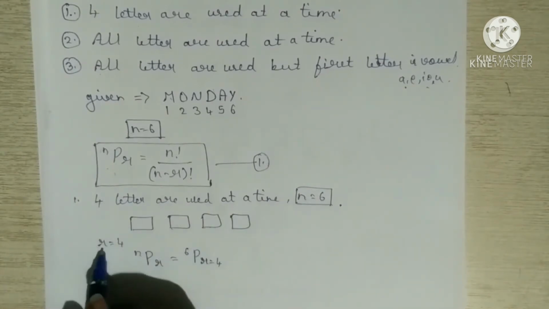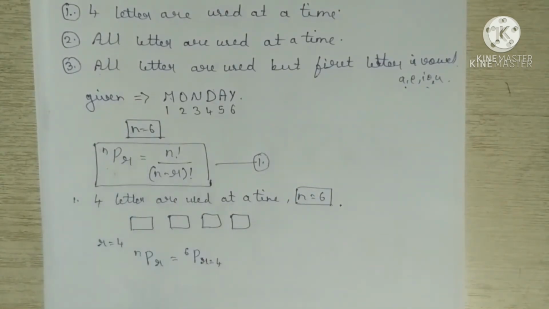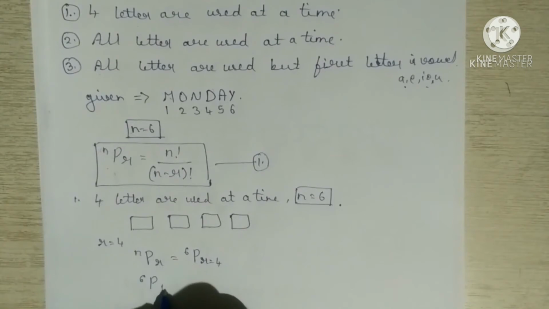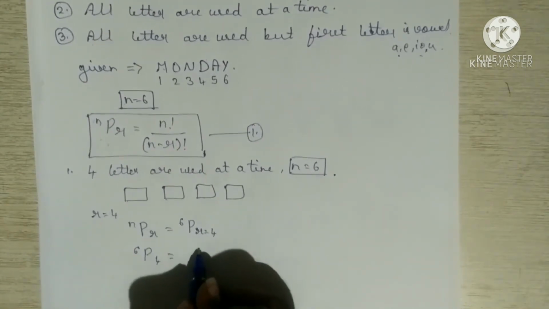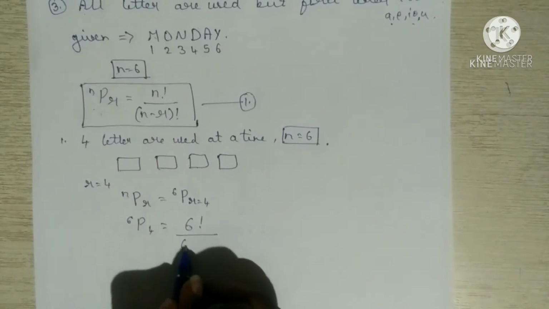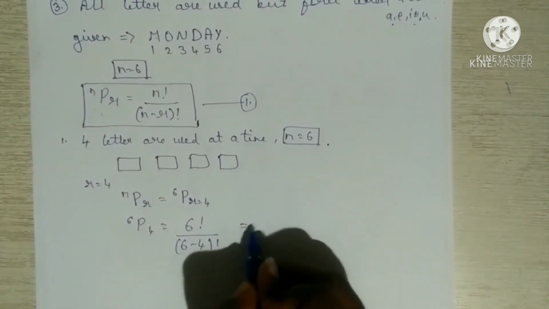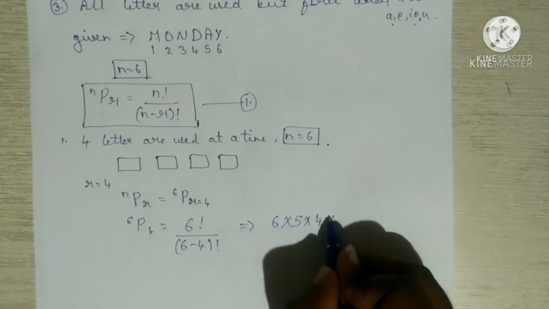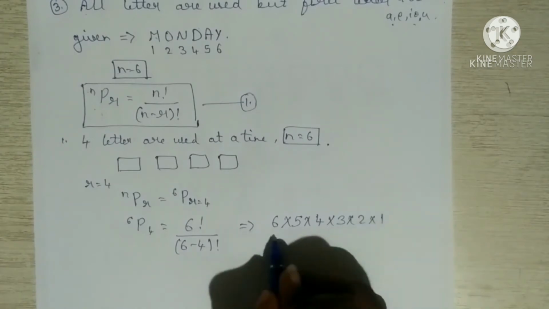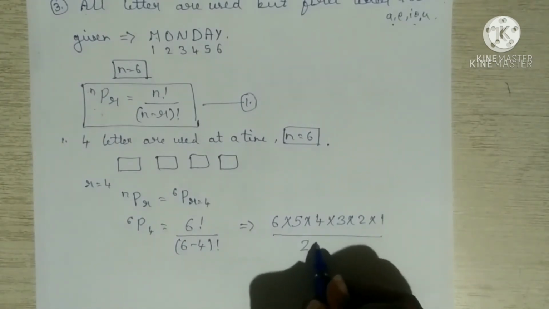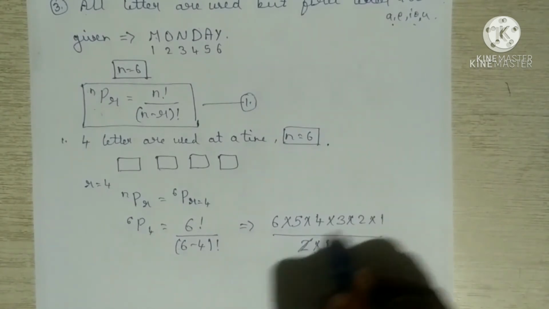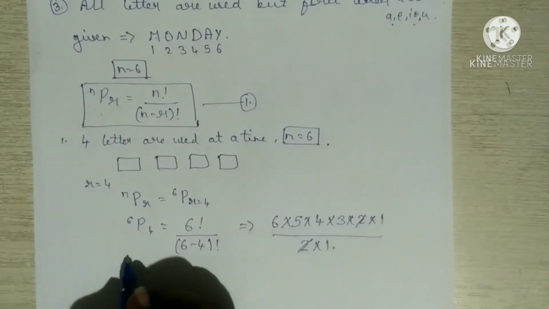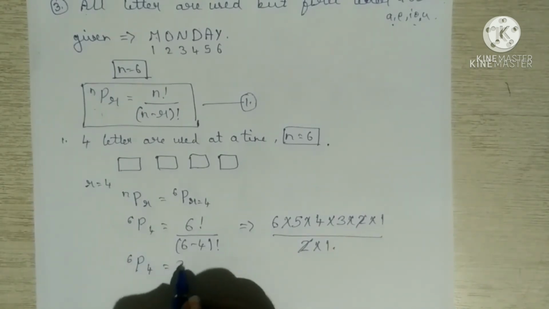Substitute n is equal to 6, r is equal to 4 in equation number 1. 6P4 is equal to 6 factorial by 6 minus 4 factorial, which is 6 into 5 into 4 into 3 into 2 into 1 by 2 into 1. 6 minus 4 is 2. The 2 into 1 cancels, leaving 6 into 5 into 4 into 3. So 6P4 is equal to 360.